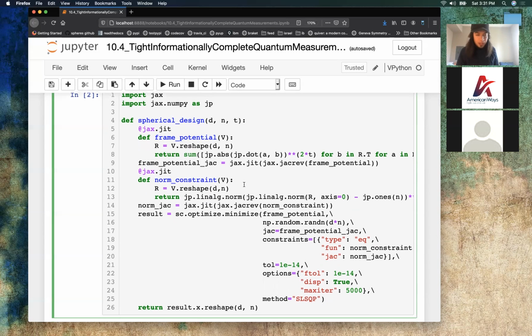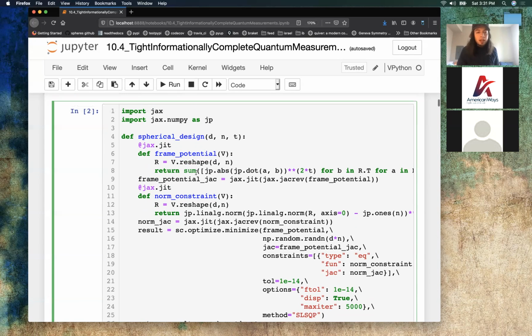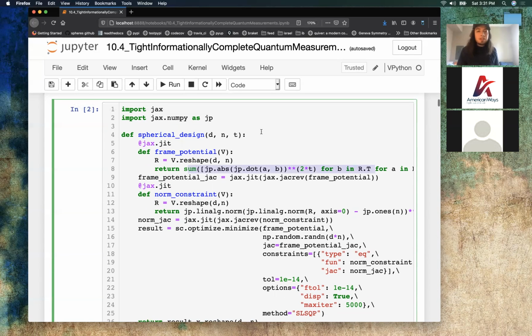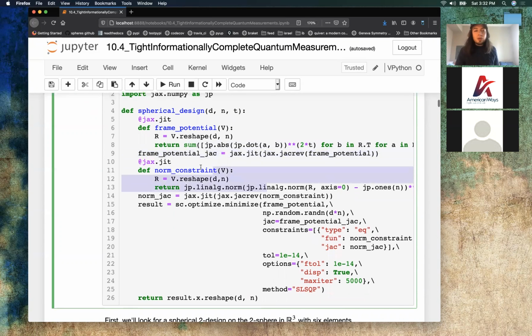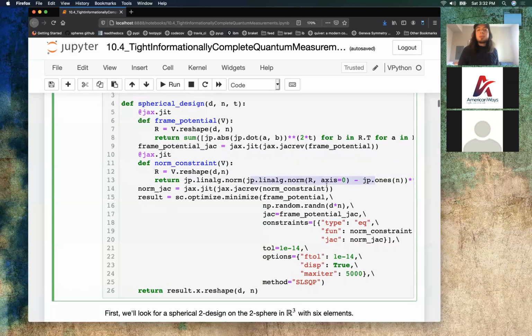And so what we do here is we define the frame potential for some T. We find its derivative because we want to fall down the gradient, try to minimize the frame potential. We want the vectors to be normalized, so this imposes a norm constraint.